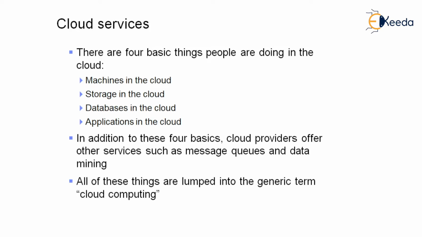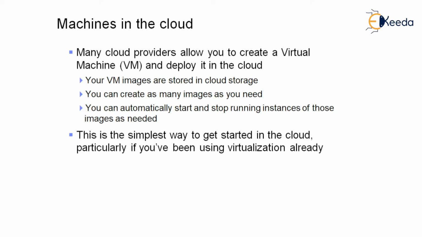As we know, for machines in the cloud, many cloud providers allow you to create a virtual machine, called a VM, and deploy it in the cloud. Your virtual machine images are stored in cloud storage.